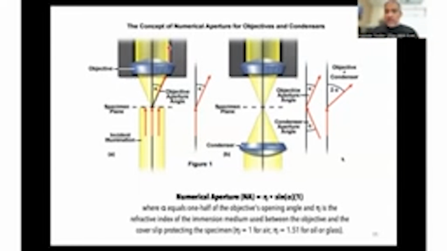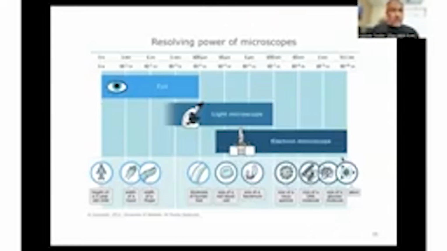So every objective, if you see, its resolving power can be variable depending upon, as I said, the magnification that it has, and things like the numerical aperture have a significant effect on the resolution that you are having, right?